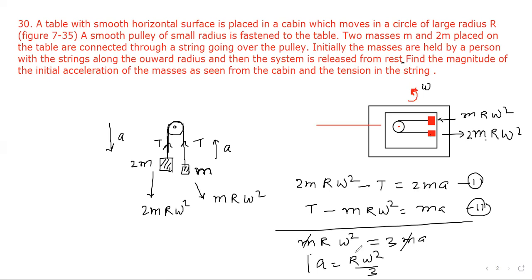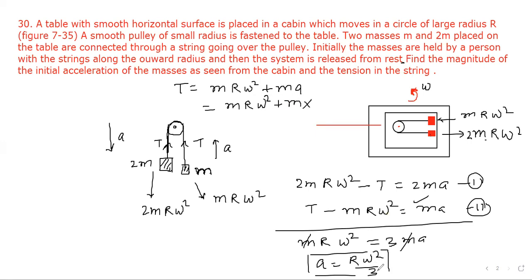So we have got the acceleration of the two blocks. Now, this acceleration we can put here to get tension. So T equal to mr omega square plus ma. So mr omega square plus m times a. A is r omega square by 3.